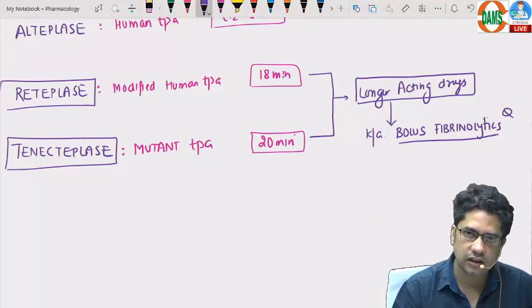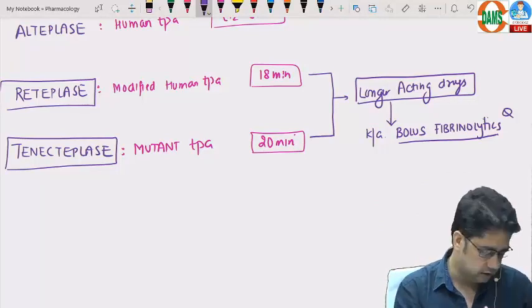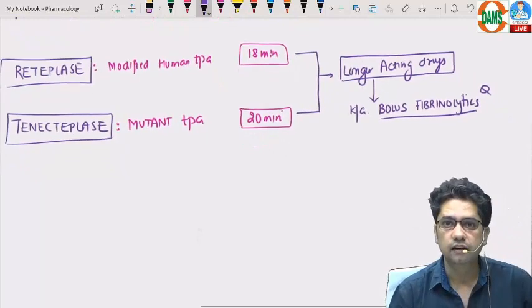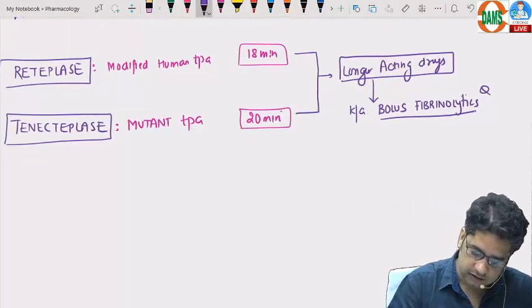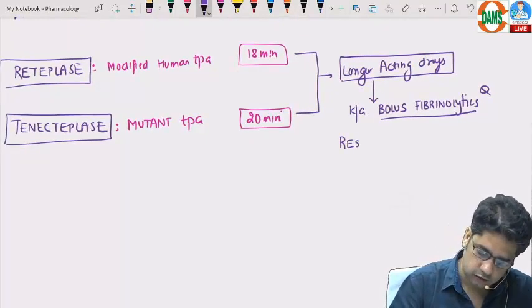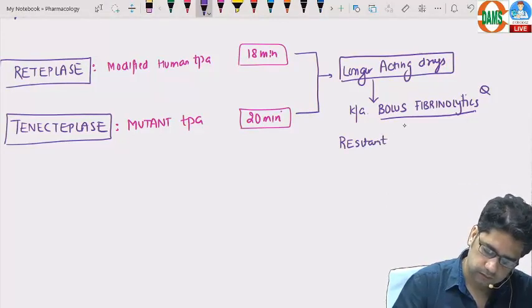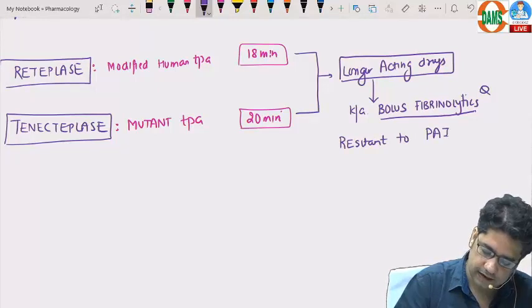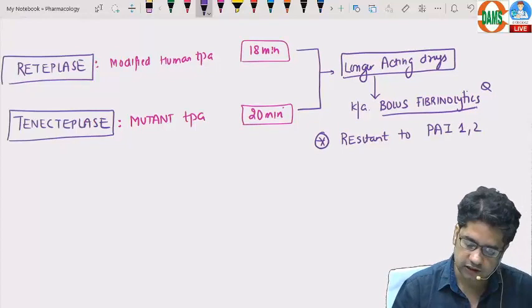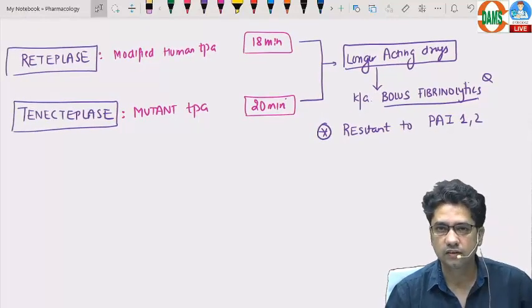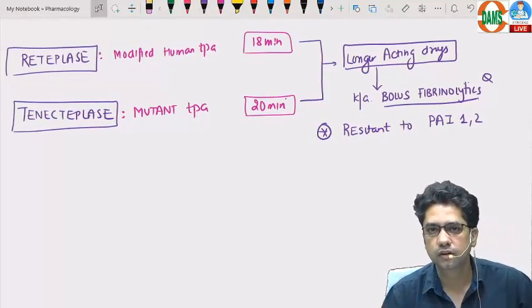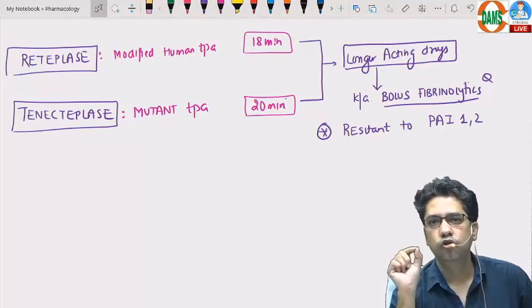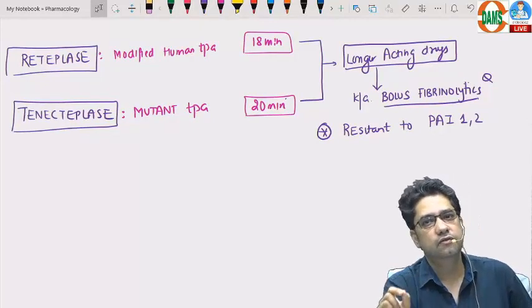Now the question arises, why? Listen carefully. Because these drugs are resistant to PAI 1 and 2. I hope now you know what PAI 1 and 2 is. That is why I was telling you the physiology. These drugs are not degraded by PAI 1 and 2.